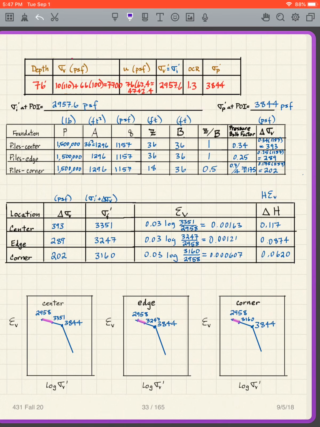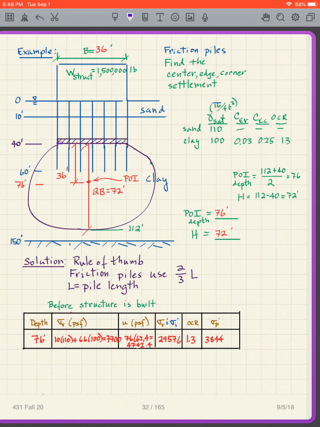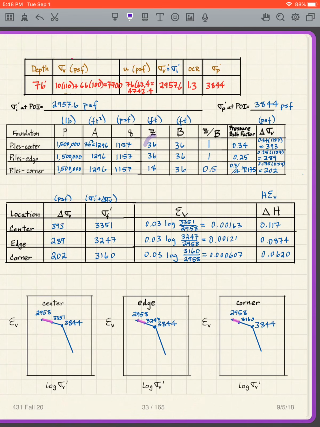Now the Z to our point of interest is the distance. Remember, the Z is, I have my mat here. The Z is this distance to there, which is 36 feet. So I have 36, 36 for the center and the edge.